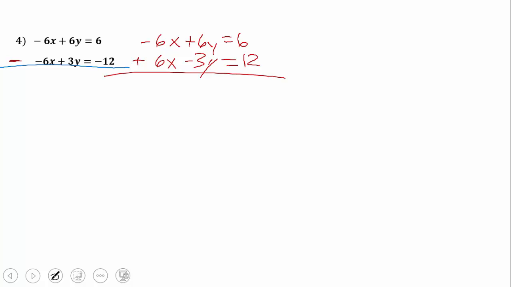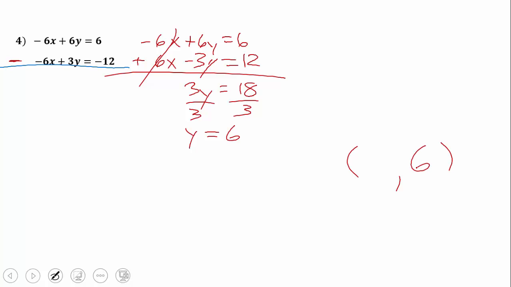And now I add. Negative 6x plus 6x, that's eliminated. That makes 0. 6 plus a negative 3 happens to be 3y. 6 plus 12, that's 18. Dividing by 3, y equals 6. Start my ordered pair solution, put 6 in the y spot. Taking that y, substituting it in the equation, I'm going to put it right here.